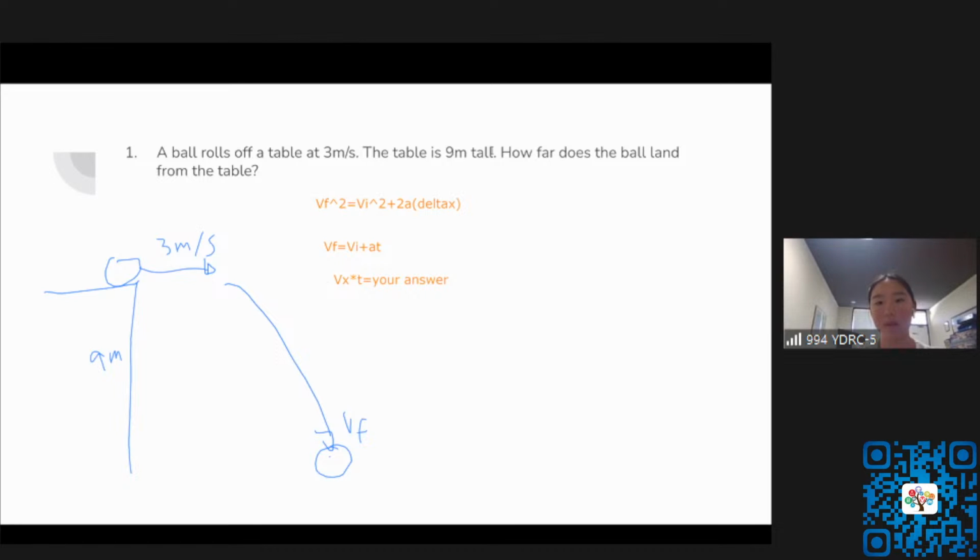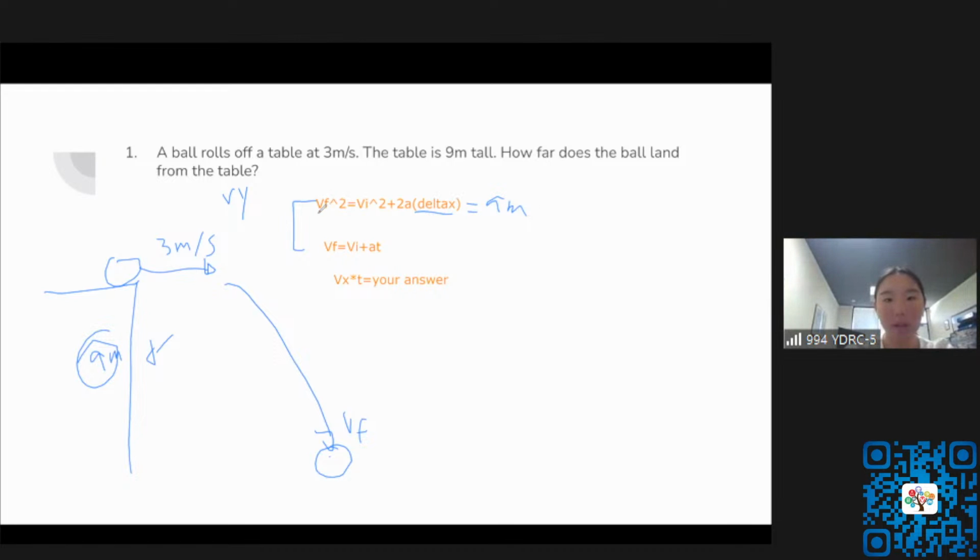What's delta x? Okay, Steven. So delta x is the height here, 9 meters. What you're dealing with in these two equations is just the vertical velocity, the vertical components, meaning the height, which is 9 meters. So here delta x would equal 9 meters.